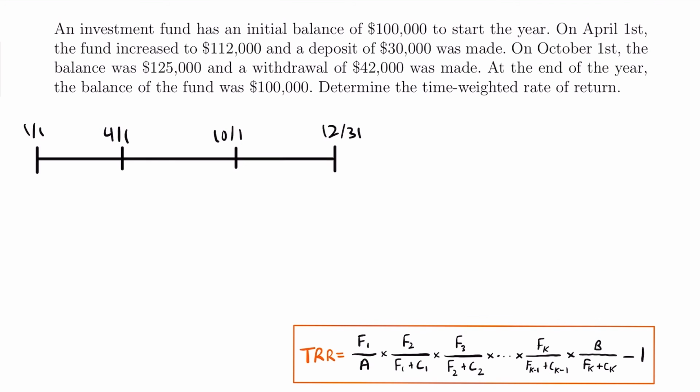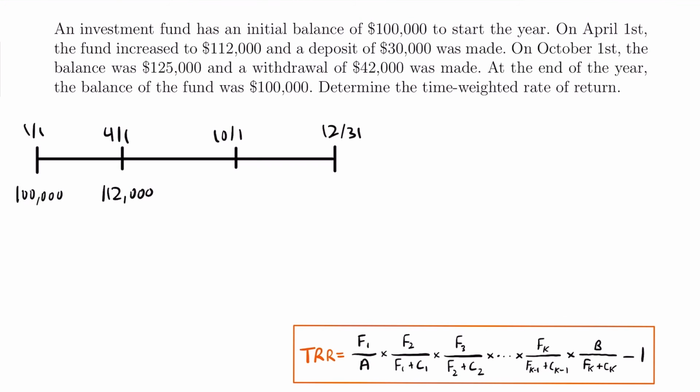Okay? And so we know that the initial balance on January 1st is $100,000. And so we will have $100,000 right there. And then on April 1st, the fund increased to a balance of $112,000. And so we will have $112,000 right there. But then we're told that there is a deposit of $30,000 that is made on that same date of April 1st.